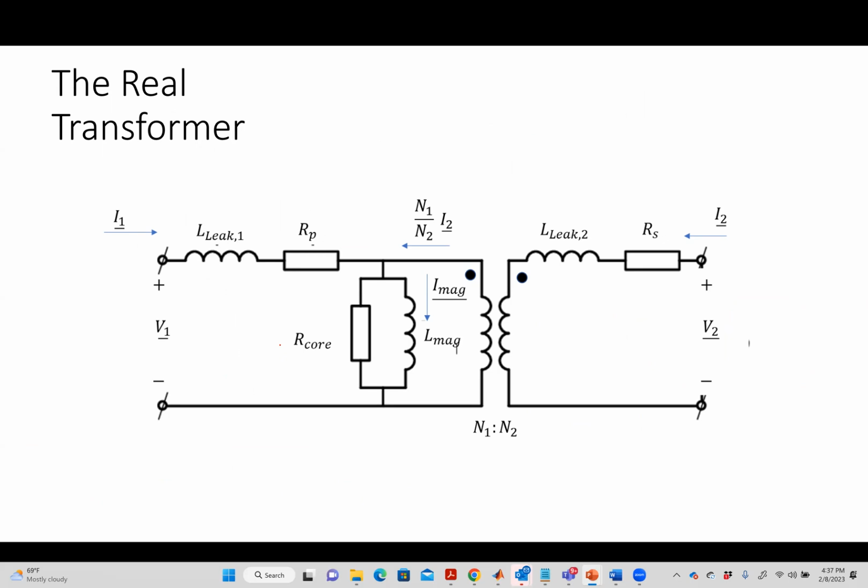So much so that they're not really going to be significant, is what we'll find out in terms of the analysis that we do. You look at a typical power transformer, like the one I showed the other day on the nameplate, it doesn't even tell you the LMAG and the R core, but it does tell you about the leakages and such. So we'll see more about why that is a little bit.